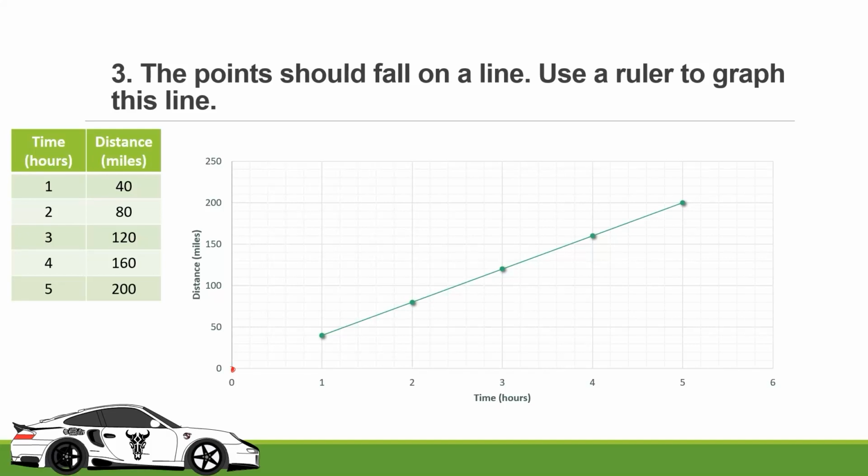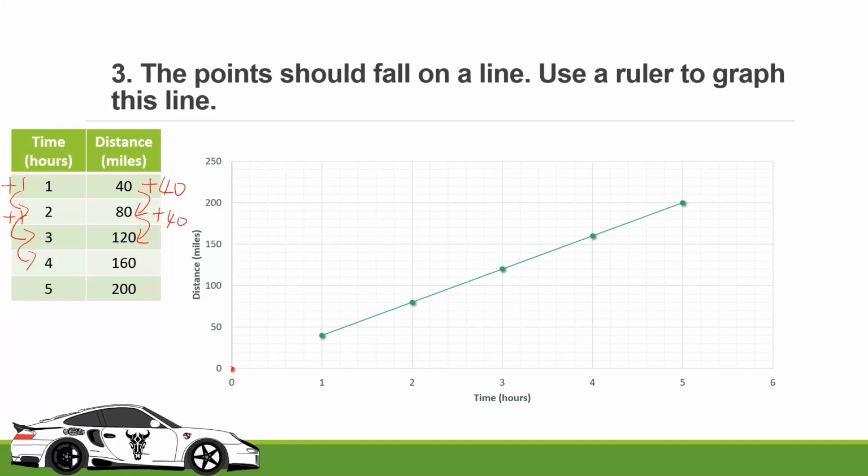When the time changes from 1 to 2, does it increase or decrease? Increase, right? Increase 1. 1 plus 1 is 2. 40 goes to 80. Does it increase or decrease? Increase 40. And 2 goes to 3, increase 1. 80 goes to 120, also increase 40.